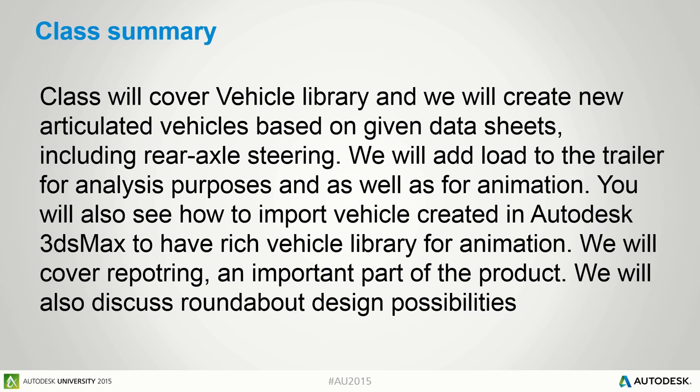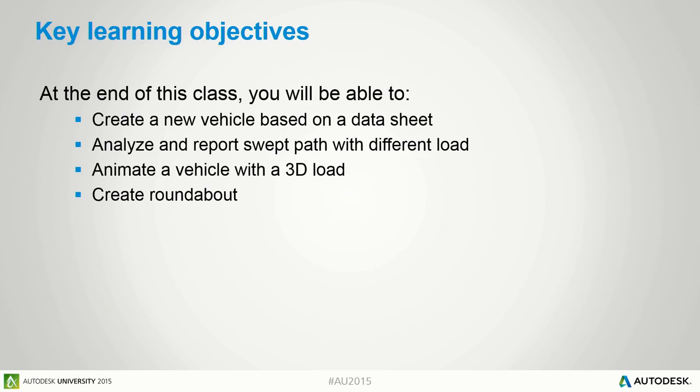What I mean is that we can do some 3D blocks. We can put it, for example, for a trailer. Another topic will be we will bring, for example, some vehicle created in 3ds Max, and we will bring it to vehicle tracking just to make a nice presentation vehicle.